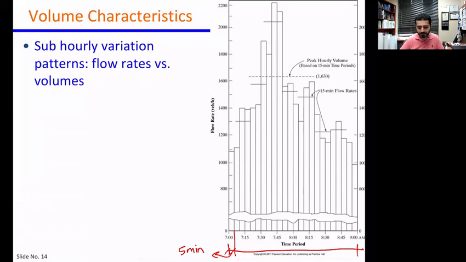And this shows how accurate we are in estimating the volume based on the worst 15 minutes. This study showed that we may need to look into the worst 5 minutes instead of the worst 15 minutes of the hour.